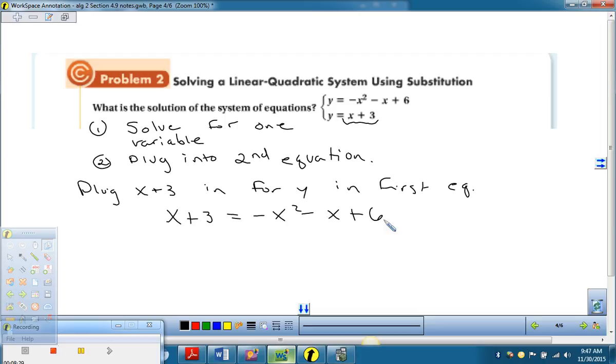All right, so let's get everything on one side of the equation. We're going to move the x. How do I move the x over? Subtract x. And subtract 3.